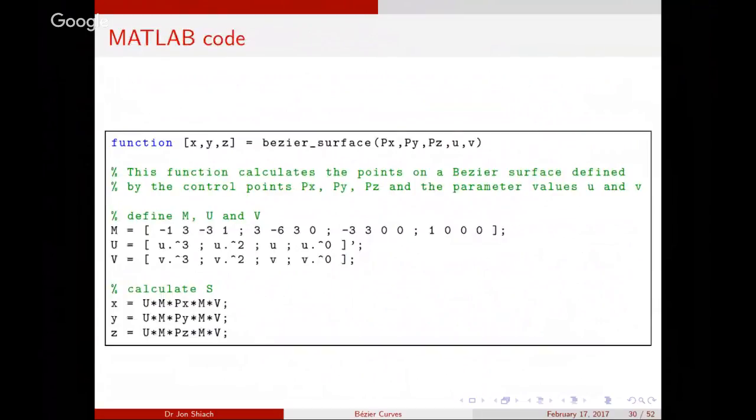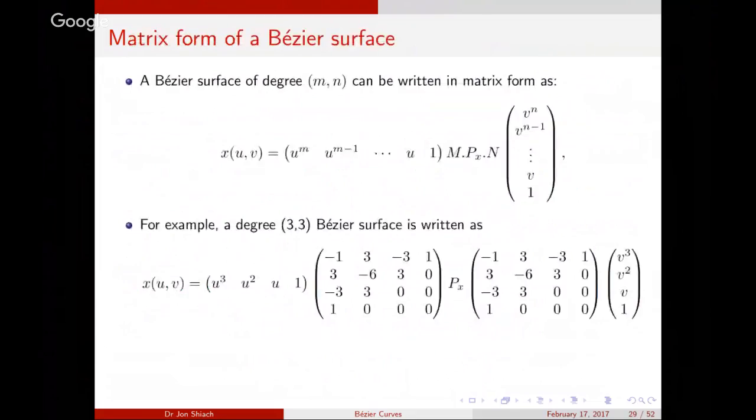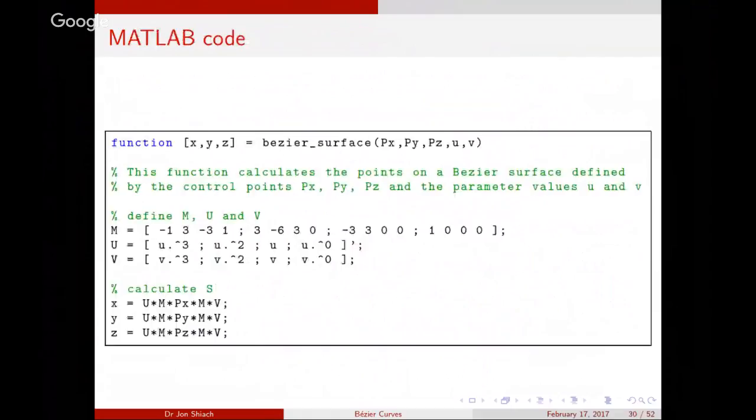Okay, so there's the MATLAB code. So that's your mathematics. We transpose that to MATLAB. Okay, not too tricky. So here I've got a function called Bezier surface. The x, y, and z coordinates of the control points are stored in separate matrices, and u and v are just the parameters like t was.